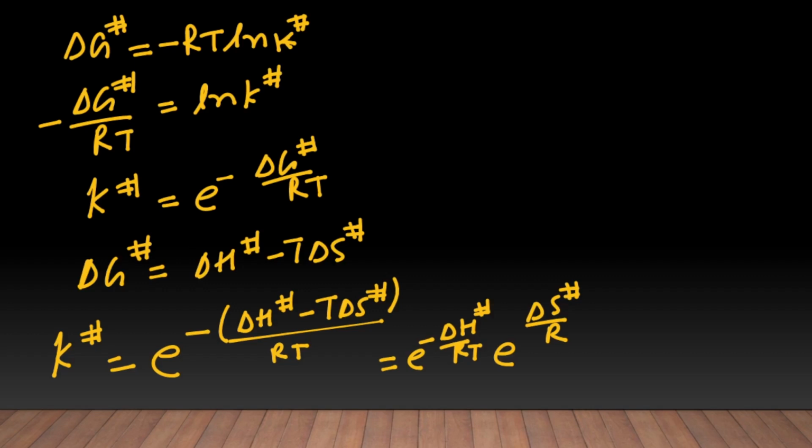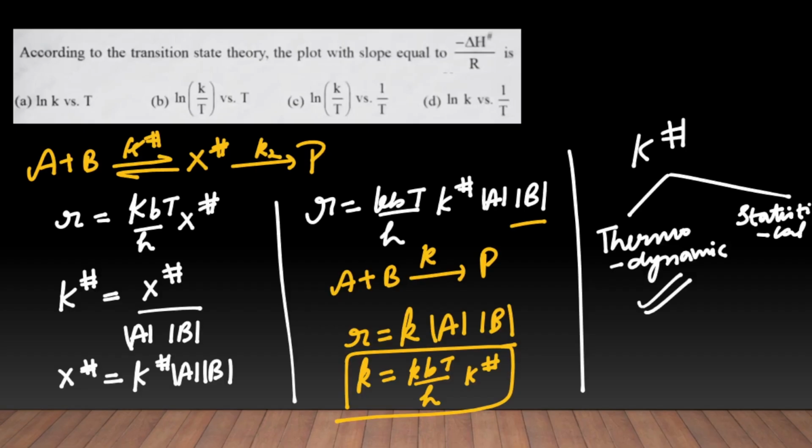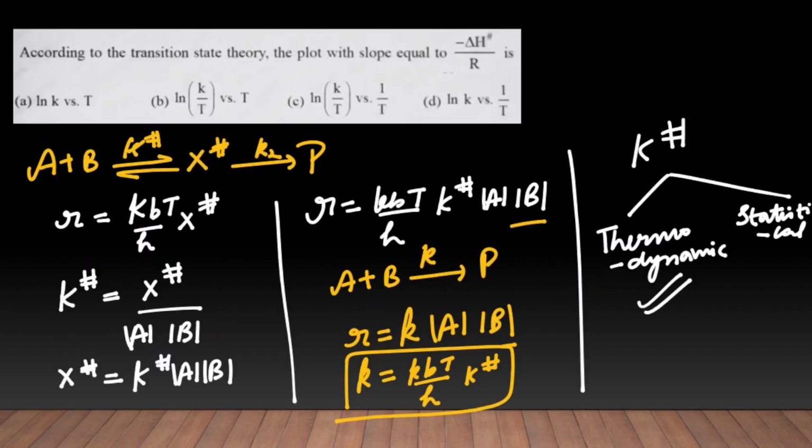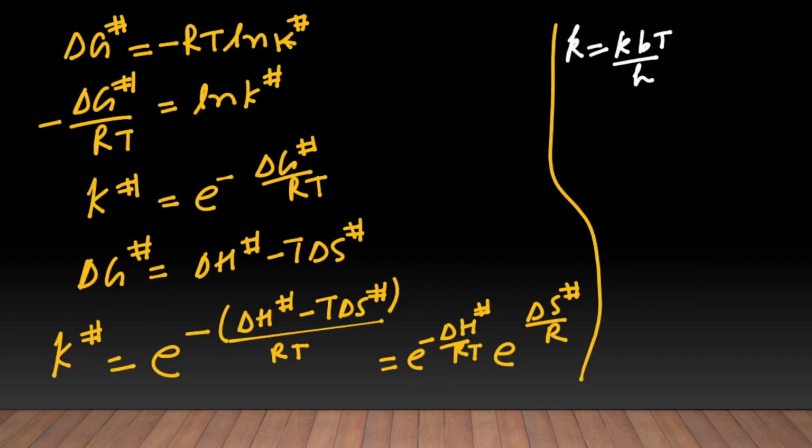So this you can now substitute in your expression, the rate constant value that you got. The k value was equal to kBT upon h into this K dash value, which is e raised to the power of minus delta H dash upon RT into e raised to the power of delta S dash upon R, right?